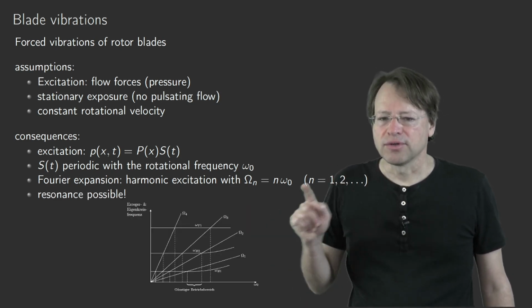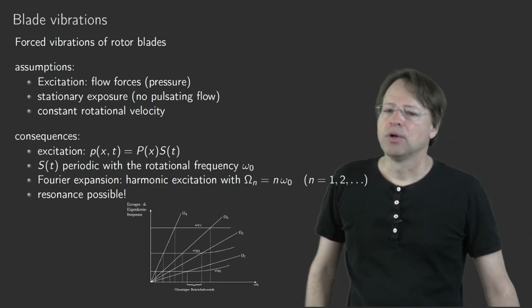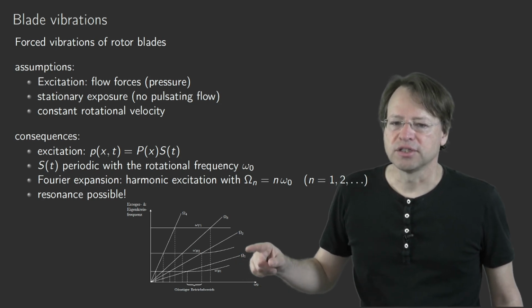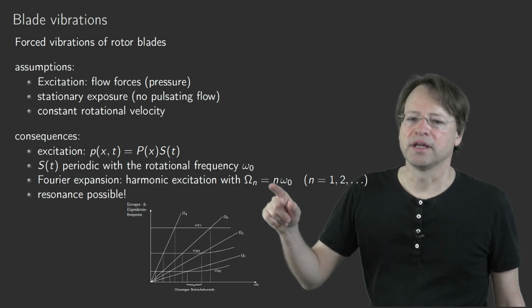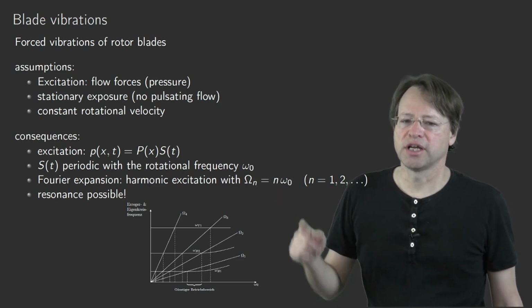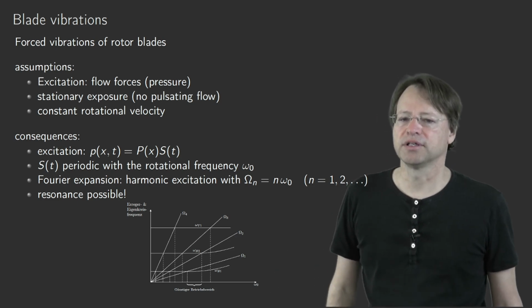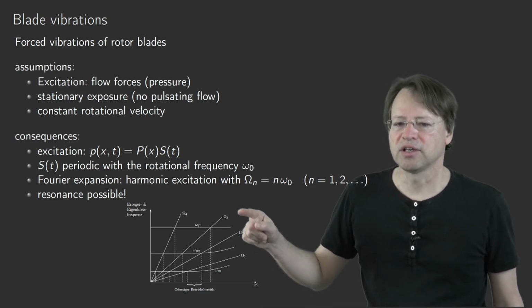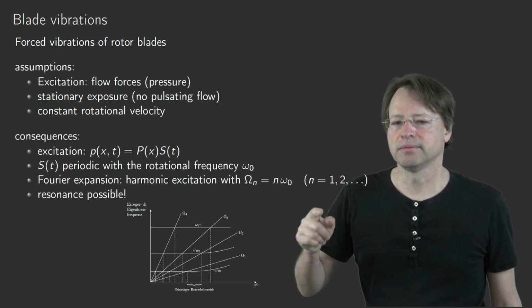If we look at the situation where resonance could occur, I introduced here these straight lines. These are lines of the harmonic excitation and of omega 0. If you increase the rotational speed omega 0, then you will find straight lines, and the slope of these straight lines changes with index n.